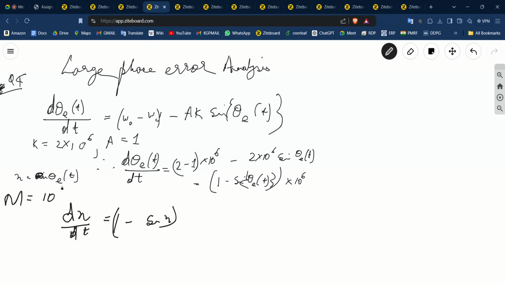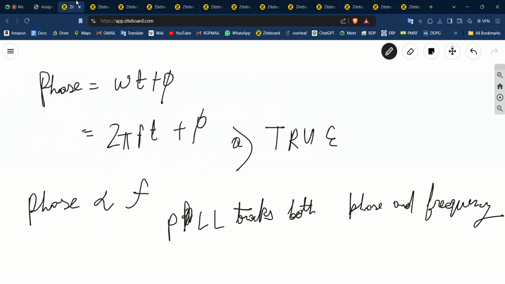Let's write n equal to 10 to the power 6. So n is a constant. So dx/dt equal to n into 1 minus sin x.